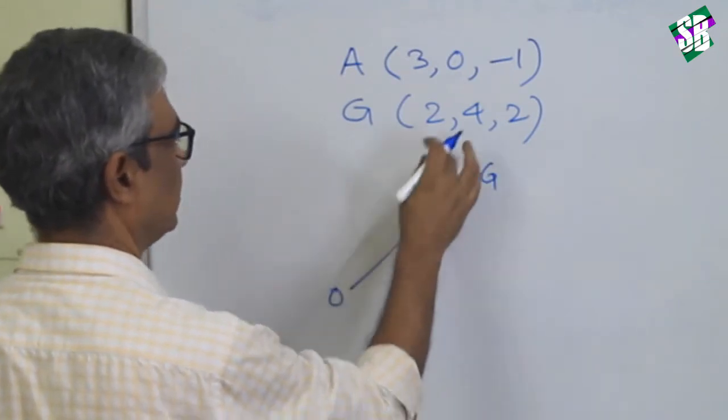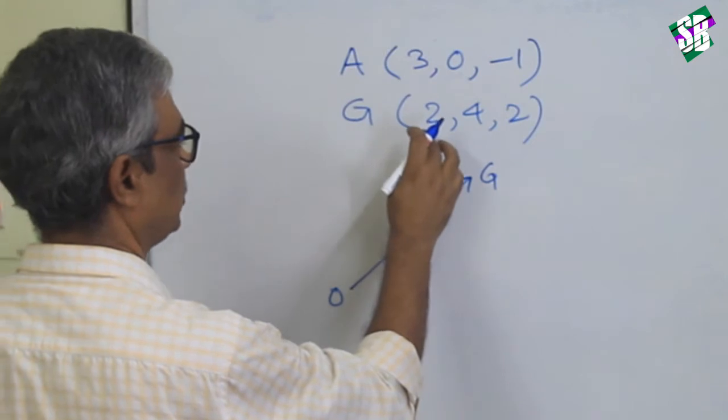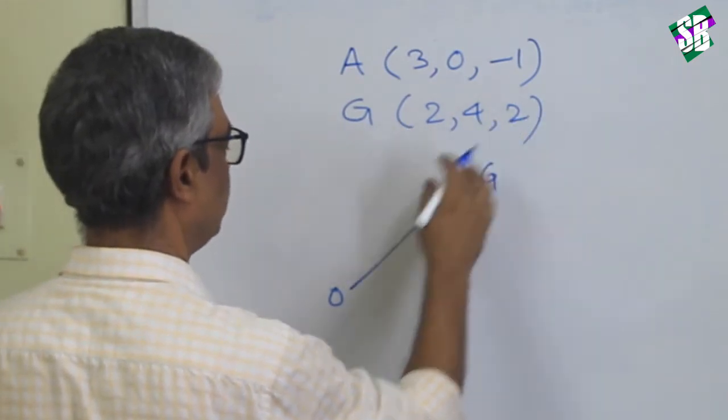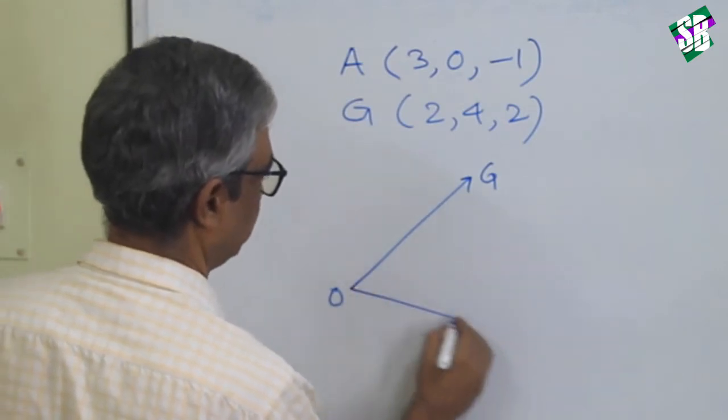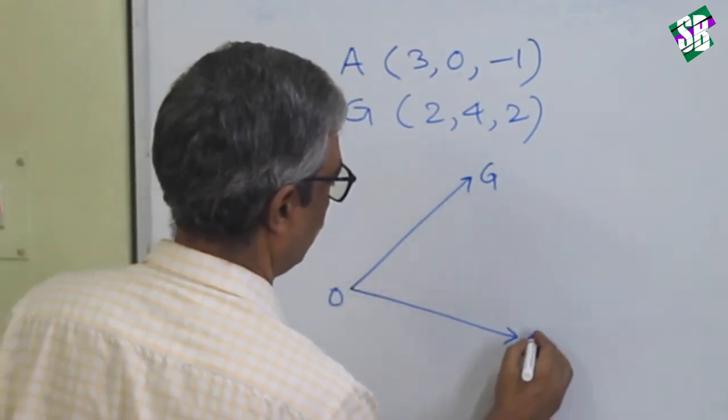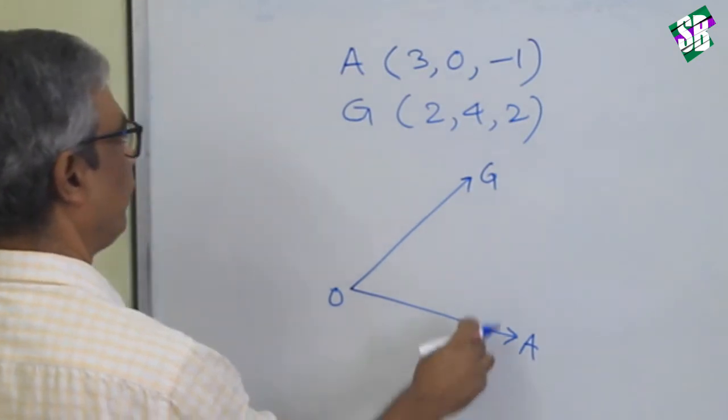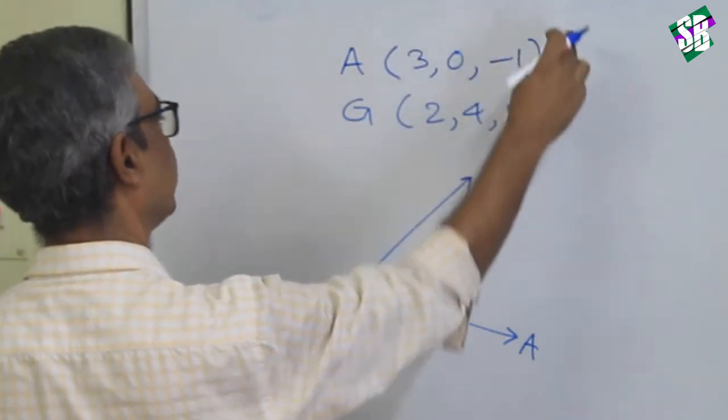What is OG vector? As the position vector of G is 2, 4, 2, this means that OG vector is this vector. And suppose this is OA vector. What is OA vector? This is OA vector.